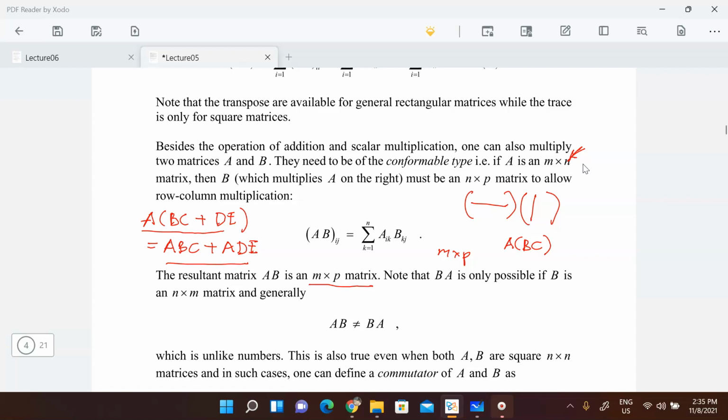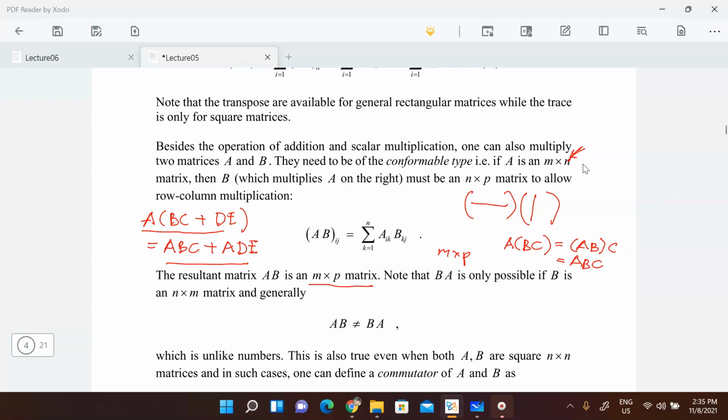I can multiply any two matrices first. This is the same as multiplying matrices in this way. So then you can always write ABC without the bracket because they are equivalent. I actually use this inside here as well.